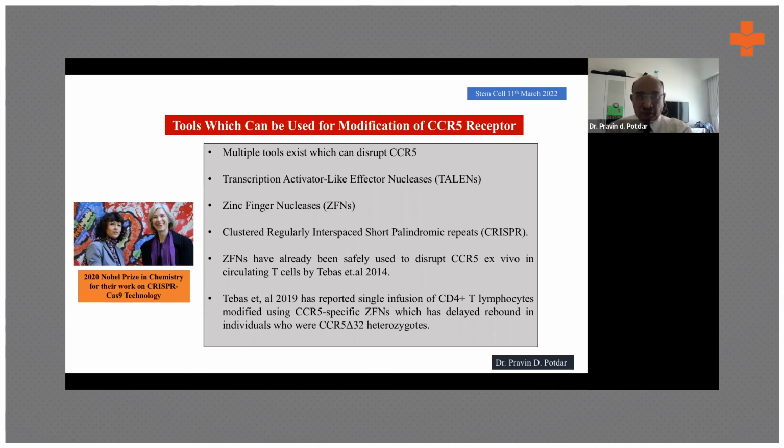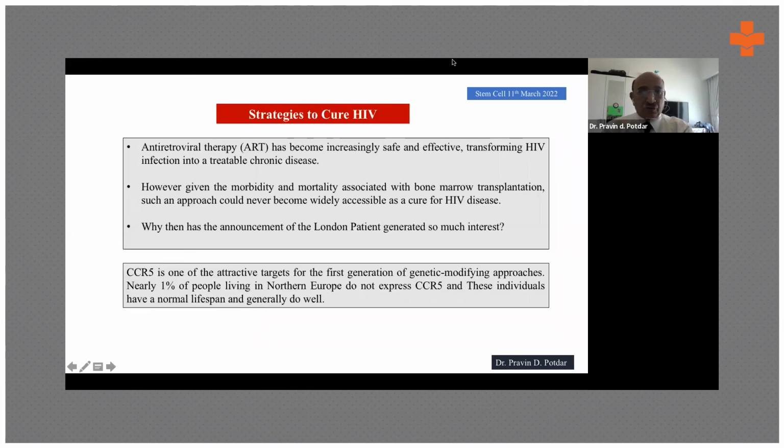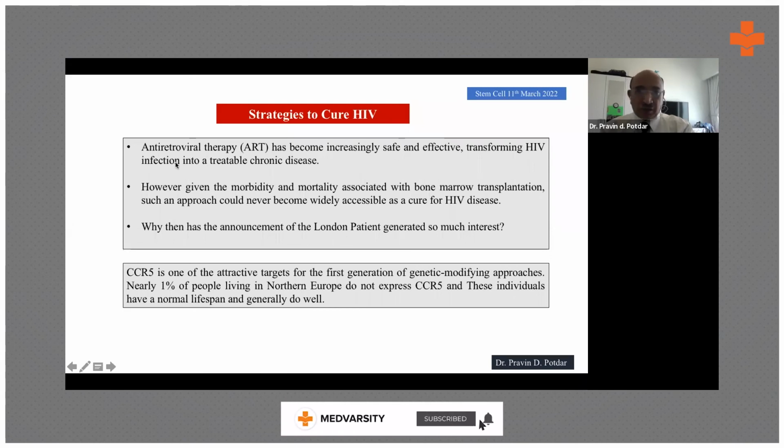in curing HIV. So, strategies to cure HIV: antiretroviral therapy has become increasingly safe and effective, transforming HIV infection into a chronic disease that is already going on, but it is lifelong.